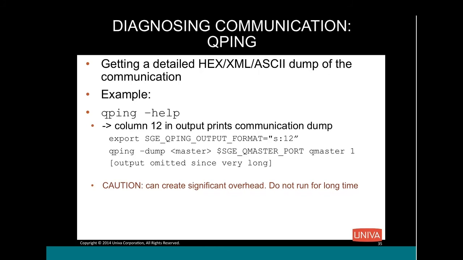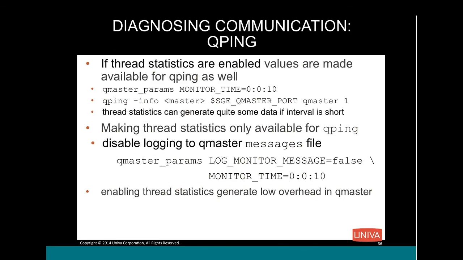You can also turn on thread statistics. Again, set up the qmaster params and turn the monitor time to 10 seconds, and do the qping -info as you saw before. The thread statistics generate quite a lot of data if that interval is short, like 10 seconds. So you want to make sure that you disable the logging of the thread statistics to the qmaster messages file.